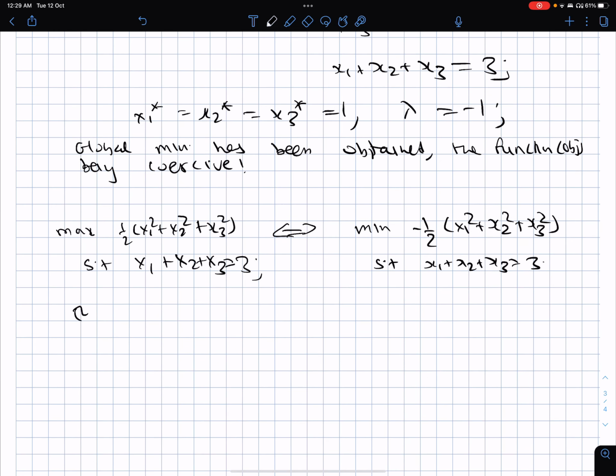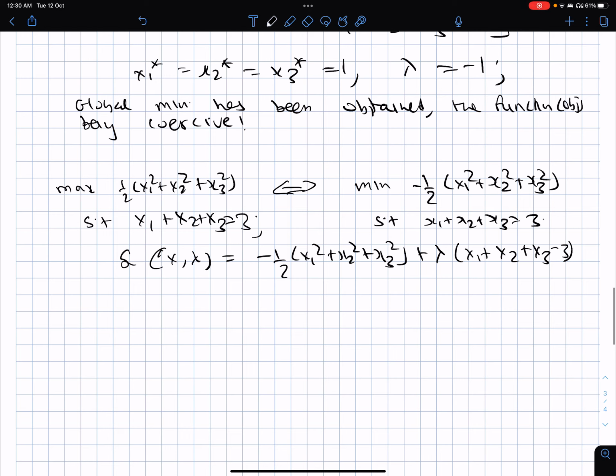So you should write this with the constraint x1 plus x2 plus x3 equal to 3. Now if you write the Lagrangian function, it will turn out to be minus of half of x1 square plus x2 square plus x3 square plus lambda times x1 plus x2 plus x3 minus 3.